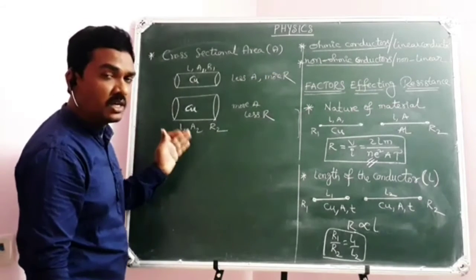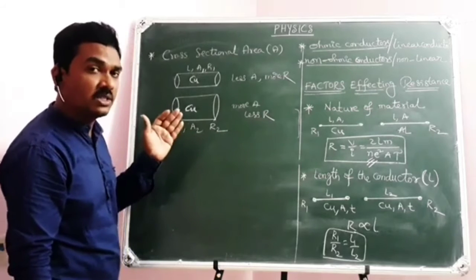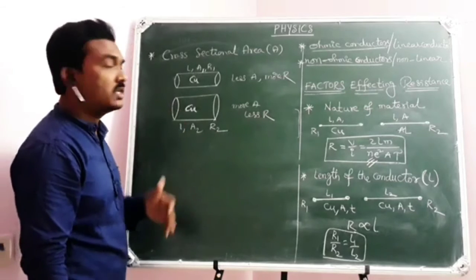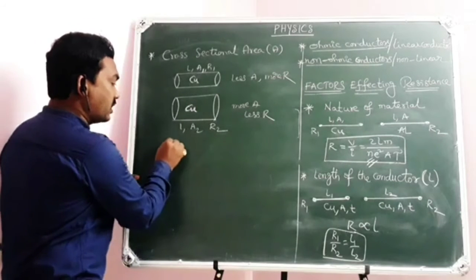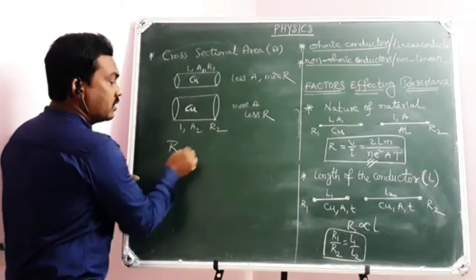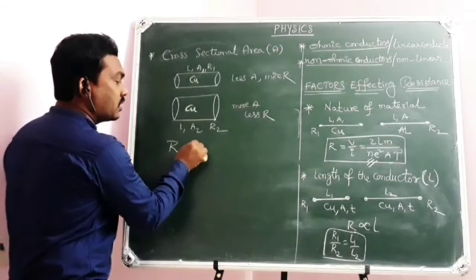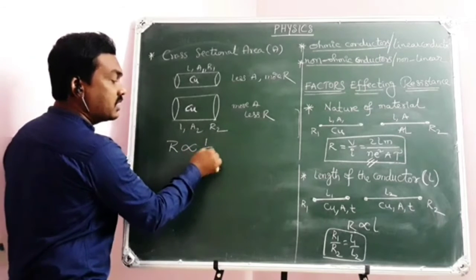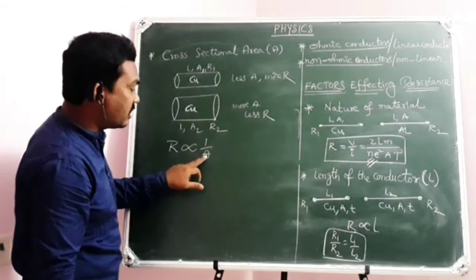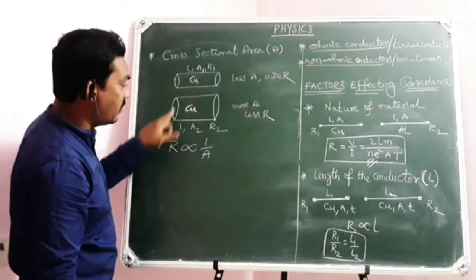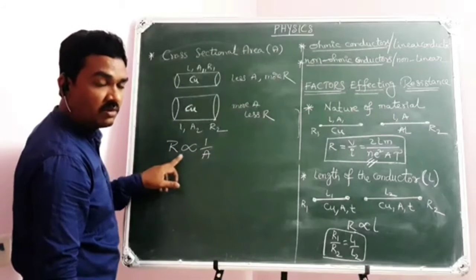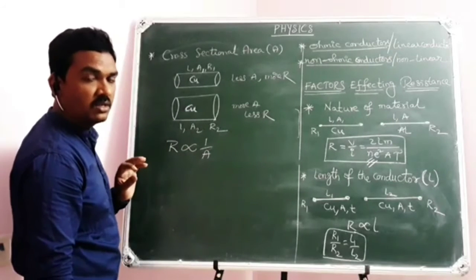Certainly it offers less resistance. So the conclusion is, the resistance of a conductor varies inversely proportional to its cross-sectional area. Greater cross-sectional area offers less resistance, less cross-sectional area offers more resistance. So there is an inversely proportional relation.